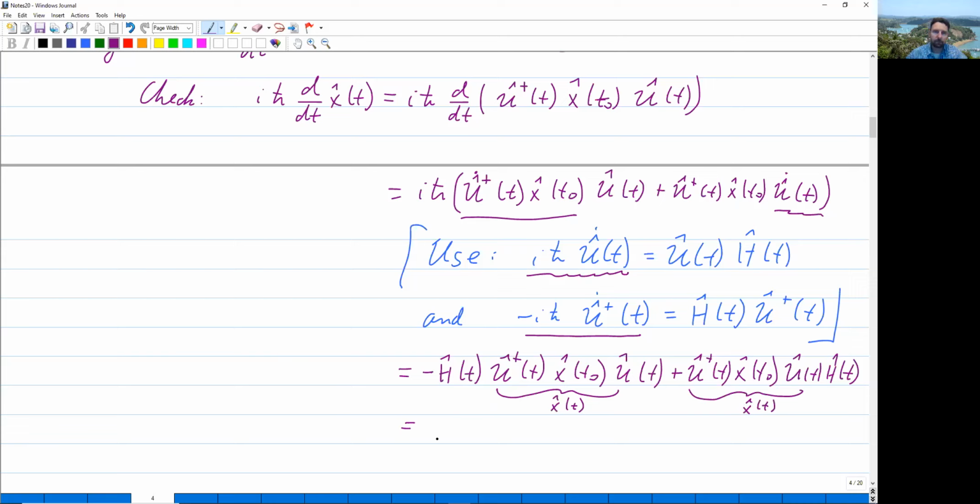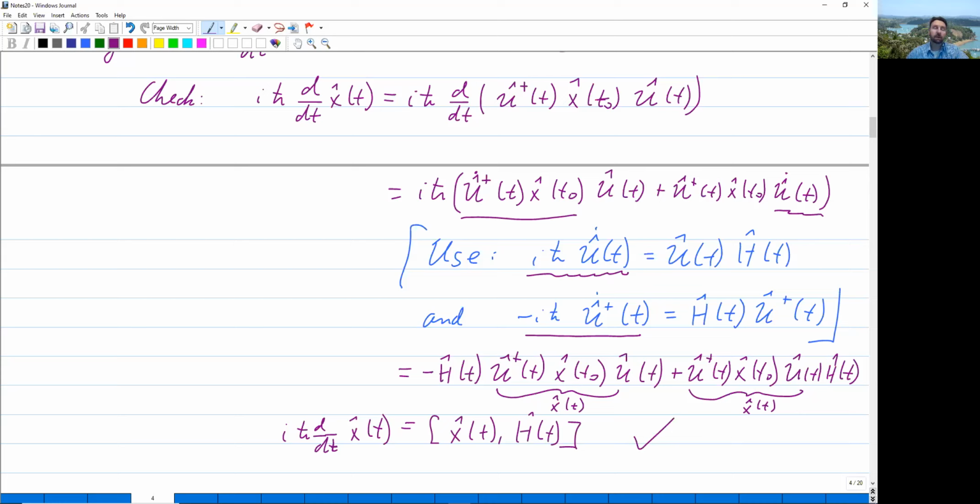And so therefore, what we obtain is that i h bar d by dt, just carrying this forward from above, x hat of t, is indeed equal to x h minus h x. So it's the commutator of x hat of t, h hat of t, which is what needed to be shown.